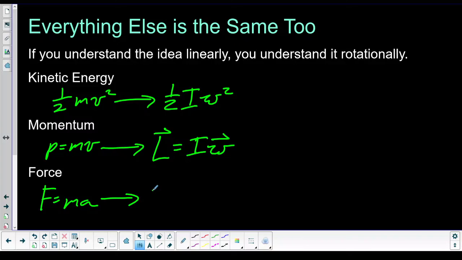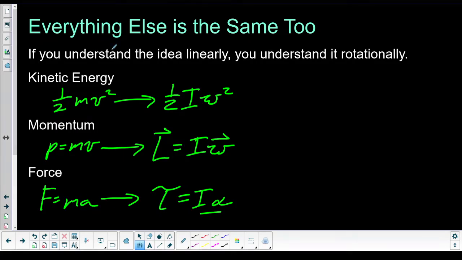It's actually called torque. We use the Greek letter tau for it, and it is I alpha. There's another one for force here. We'll get to that when we get to the force notes, the torque notes. But this one's going to be important for not snapping bolts, if you know what I'm saying.